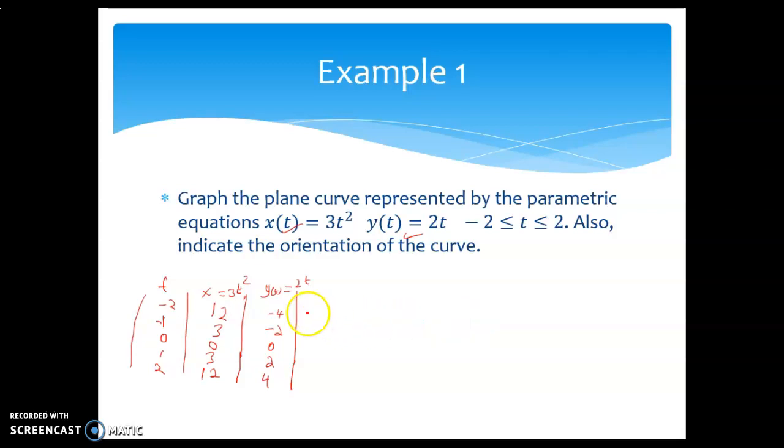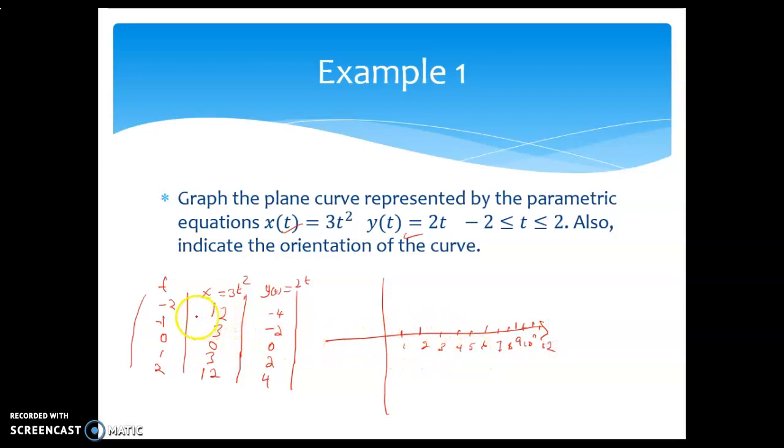So now we can graph this curve. This is not a function, this is a curve. Here on my x axis, I'm going to have 1, 2, 3, 4, 5, 6, 7, 8, 9, 10, 11, and 12.